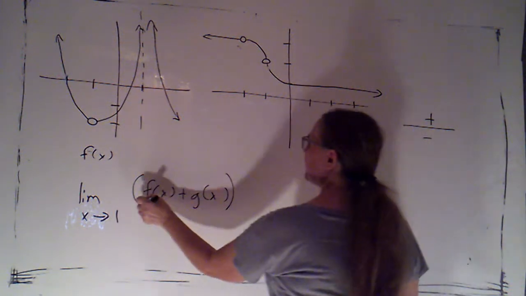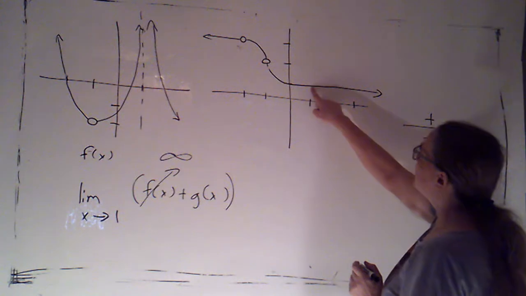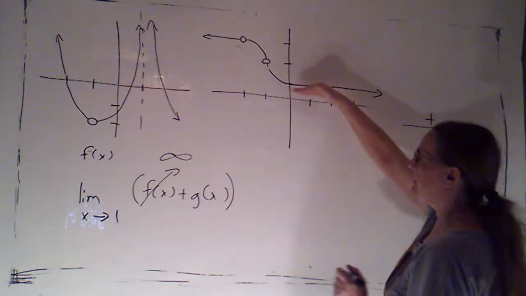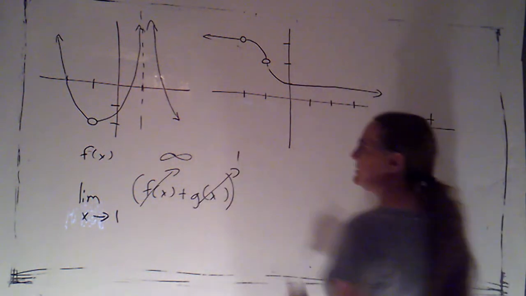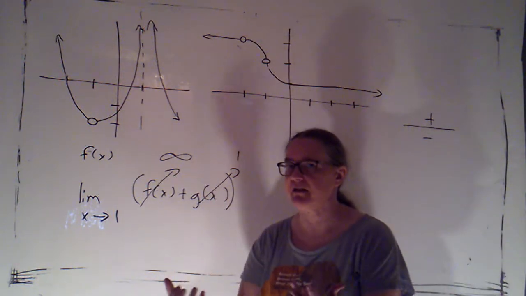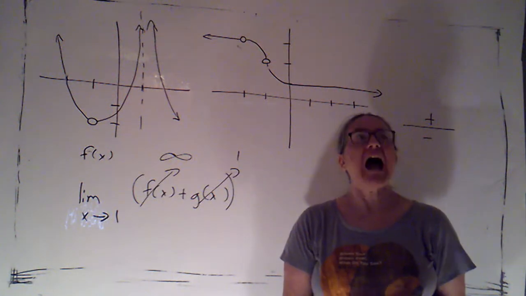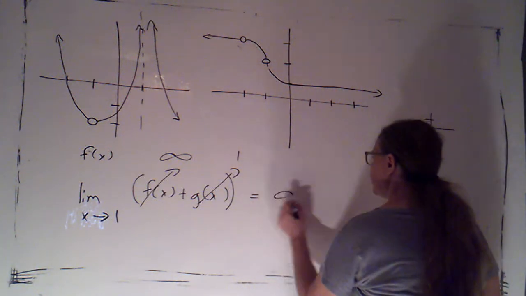I'm just going to use my arrow notation. So that's going to infinity. G looks like it levels out at a height of 1, so g is going to 1. So I have one term that's really, really big and positive, and I'm going to add 1 to that. I think it's still going to be big and positive.